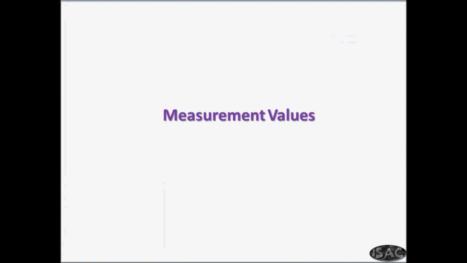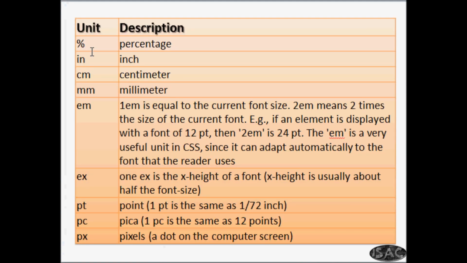Now measurement values. As we know, there are different kinds of units, like percentage, inch, centimeter, millimeter, and em. 1 em equals the current font size, 2 em means 2 times.